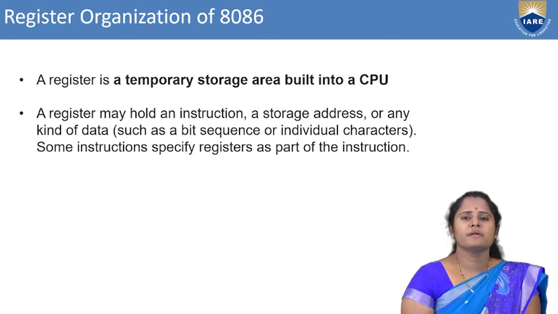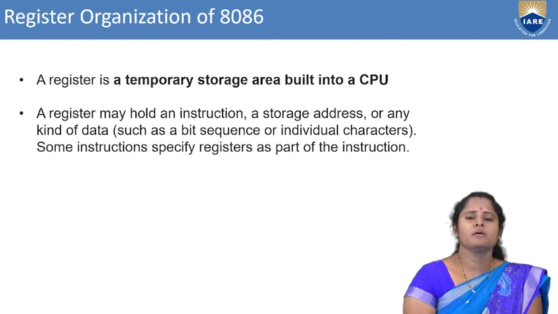A register can hold an instruction, it can hold an address, it can hold data, and it also operates the instructions which are specified in some register. Those are the main uses of a register in an 8086.